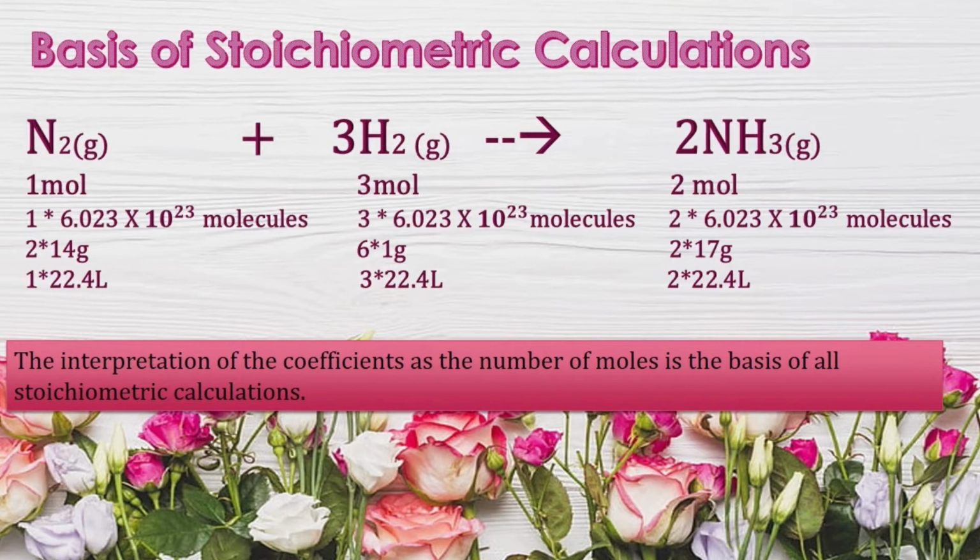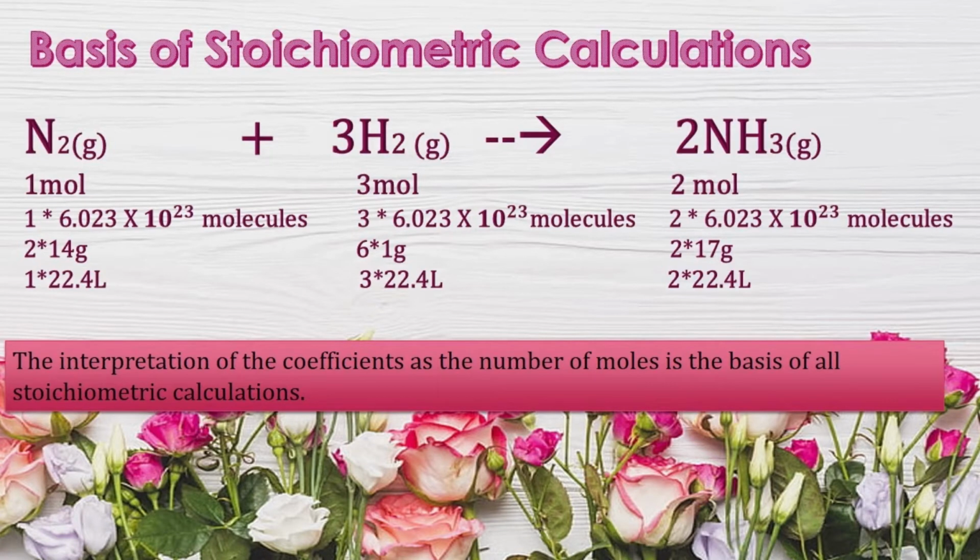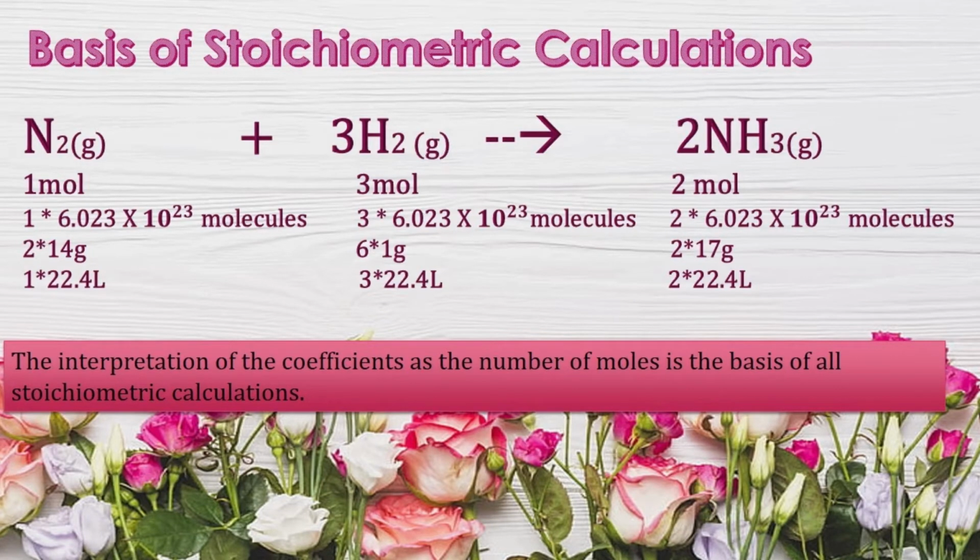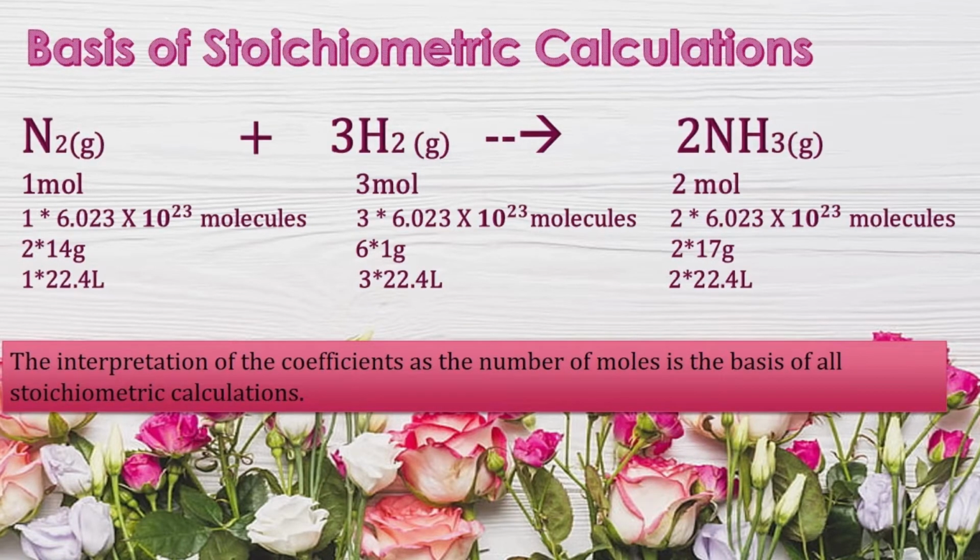And we also know the relationship between number of moles and molecules. According to Avogadro's law, 1 mole of any substance will contain 6.023 into 10 to the power of 23 molecules or atoms or ions. In this case, it will be molecules.